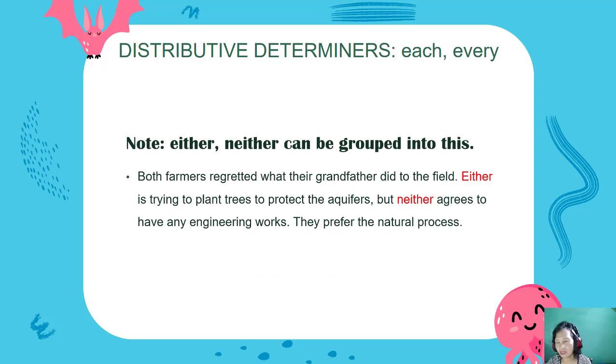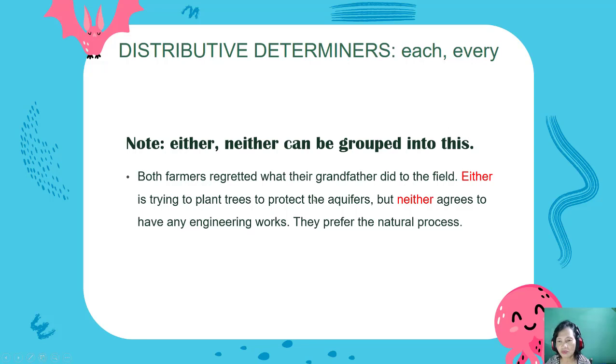Note here, either, neither can be grouped into these distributive determiners. Either means one or the other, while neither, actually from not either, shows not one or the other. Both farmers regretted what their grandfather did to the field.